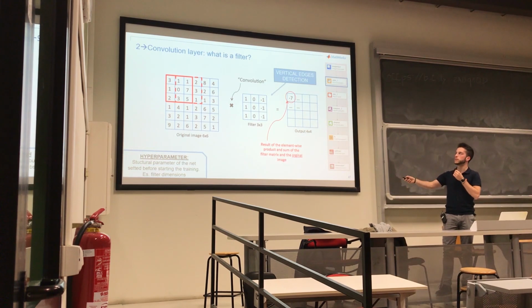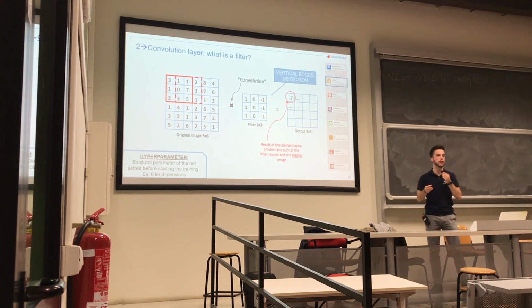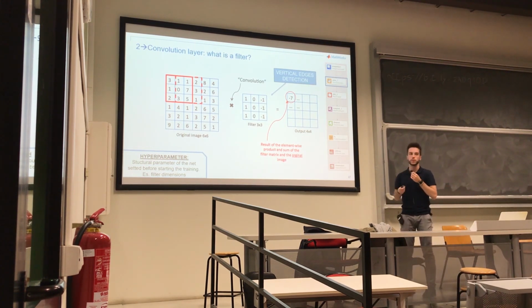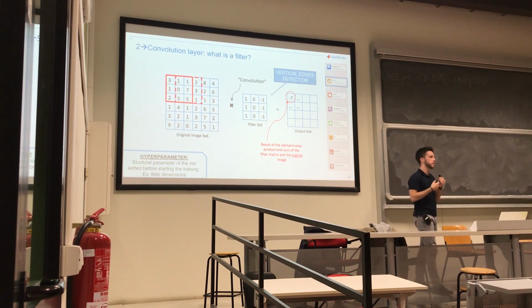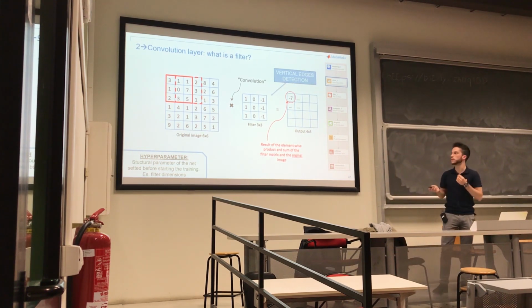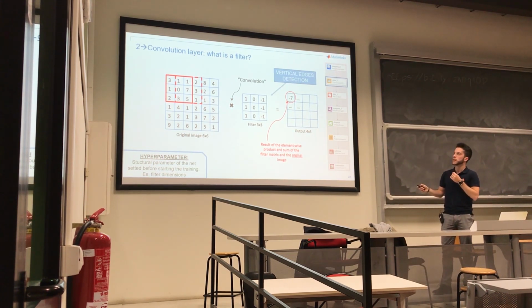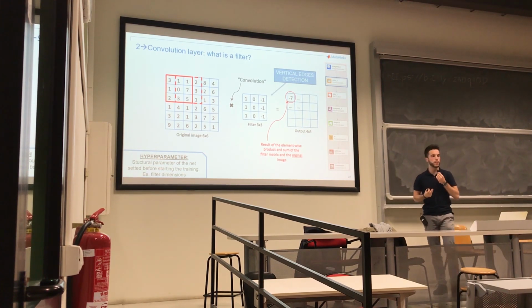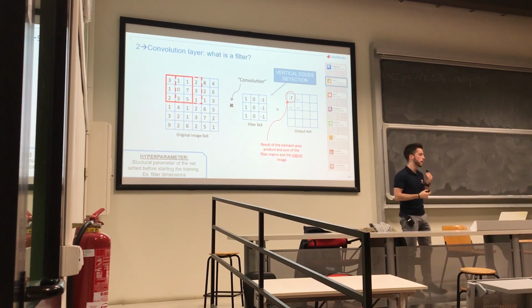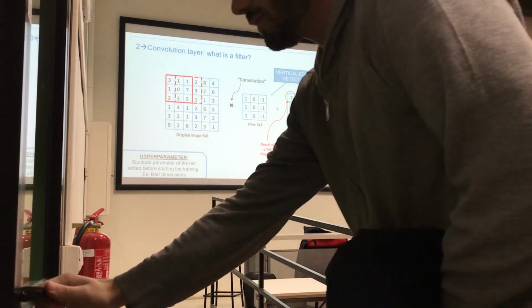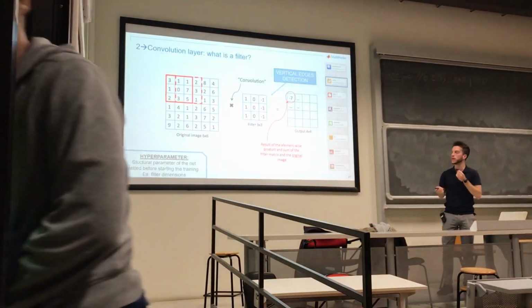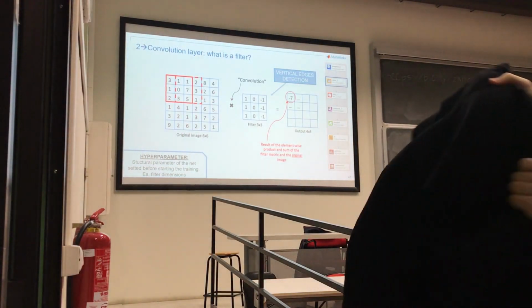So you don't need to create each filter by hand to extract the feature; the training algorithm will do it for you to best fit your problem. And after that, there are lots of other parameters called hyperparameters, that you have to set before the training algorithm. So you decide before, and after that we perform the training.